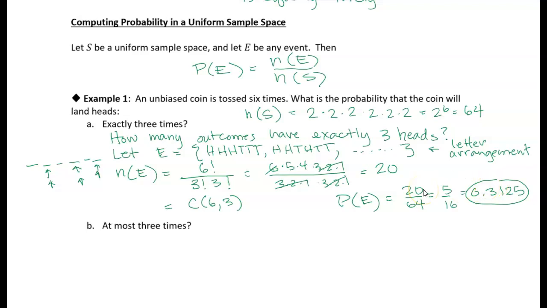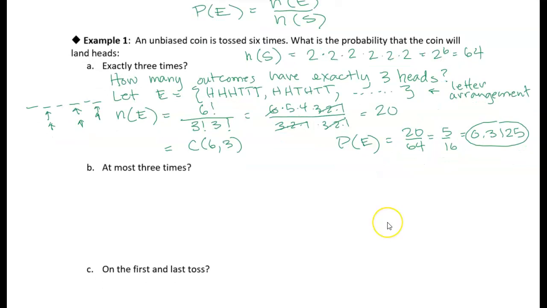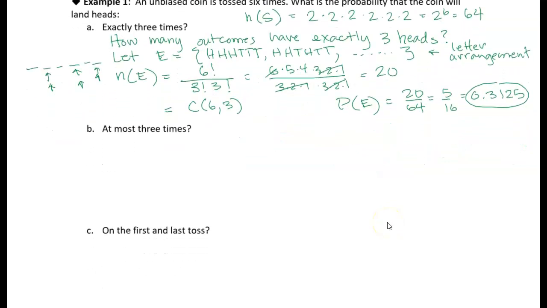All right, so part B asks a variation of that problem. What's the probability that we get at most 3 heads? Now we have to break this one down. So we have to think about what does that mean, at most 3 heads? At most 3 heads would be no more than 3.